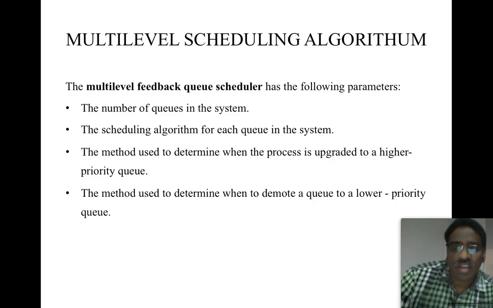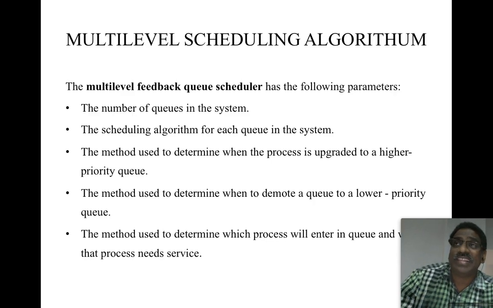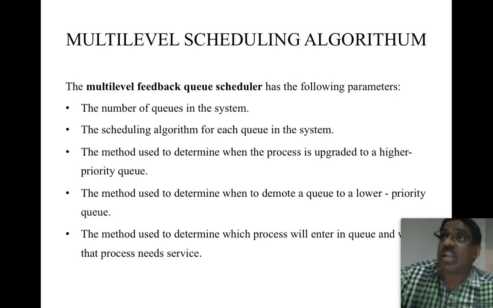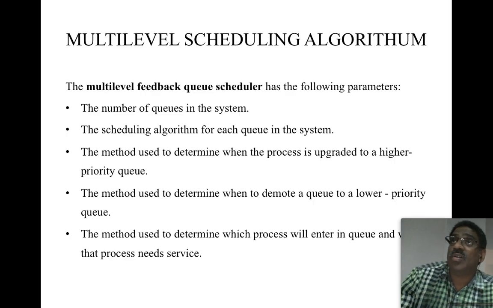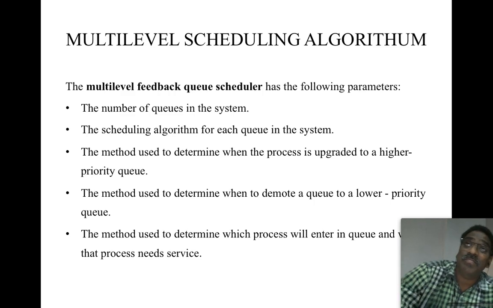That is a major task. And whenever you enter into the queue, what type of process you need for the services and what type of process queue you have to follow is checked in the multi-level scheduling algorithm.